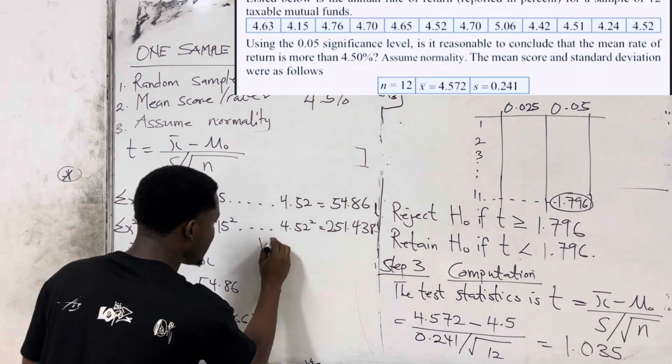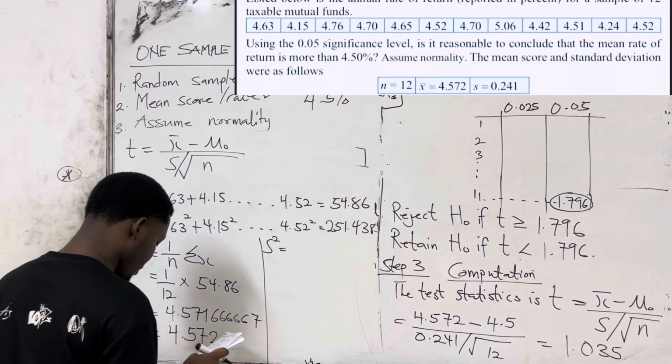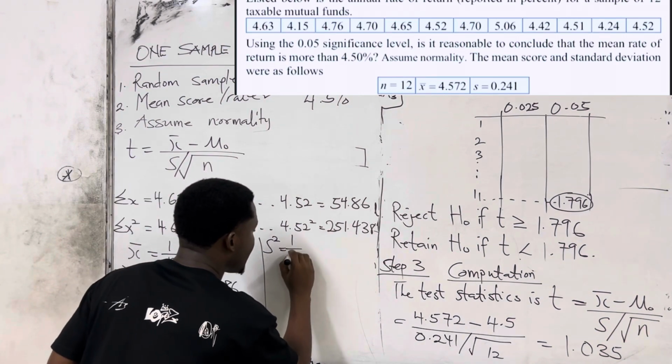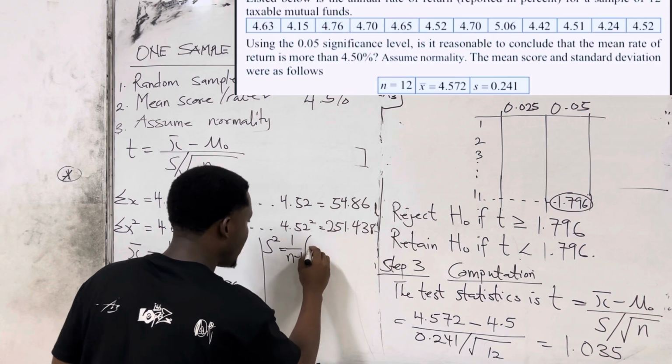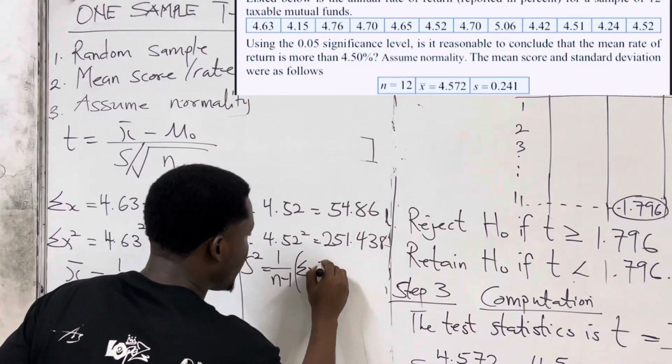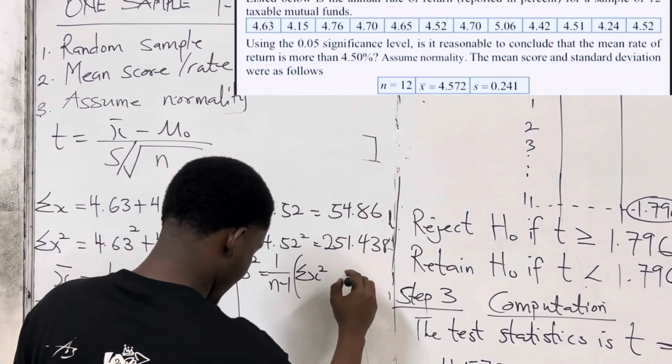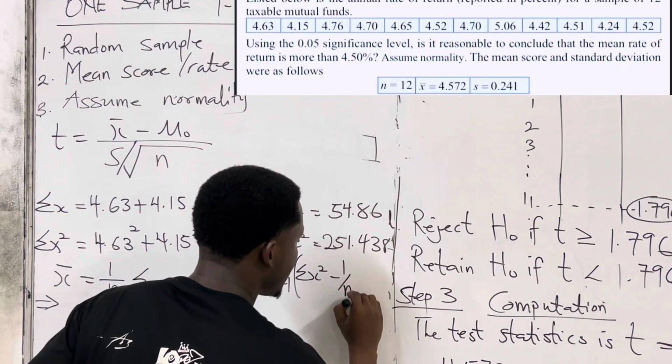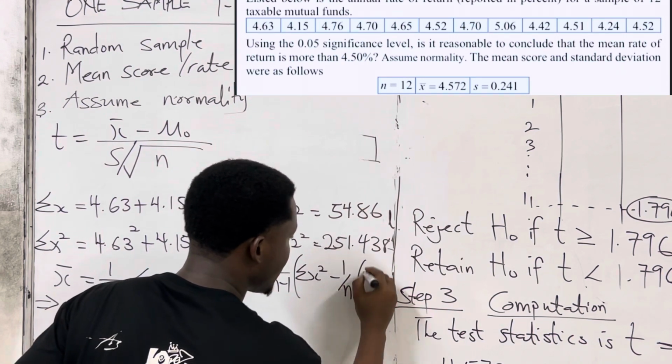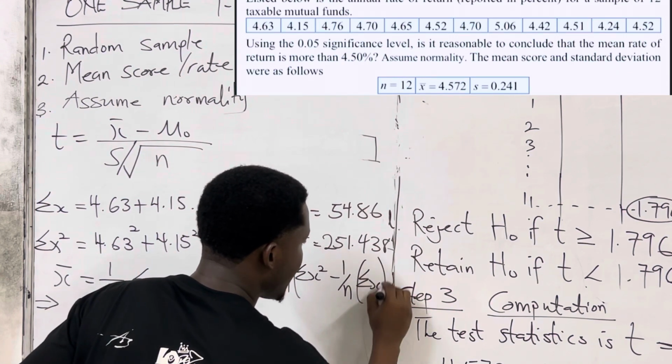Now let's talk about the standard deviation. This is the formula. We have 1 over n minus 1 multiplying the summation of x squared, minus 1 over n multiplying the summation of x, squared.